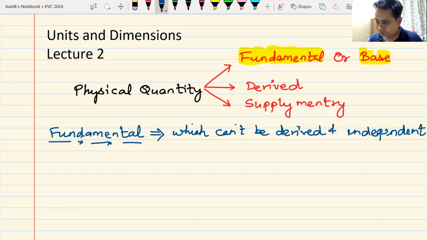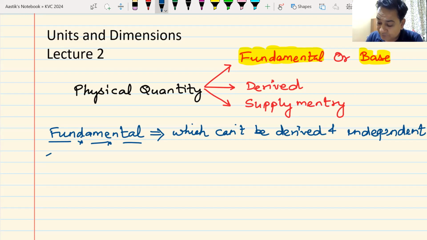Sir, the quantities which can be derived and they are dependent, sir. Yes, it's exactly the opposite of a fundamental physical quantity. Derived physical quantities are all those quantities which are not fundamental. That means they can be derived from the fundamental quantities, or from other quantities. They are known as derived physical quantities.